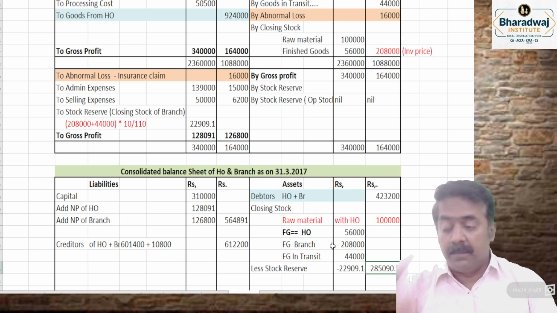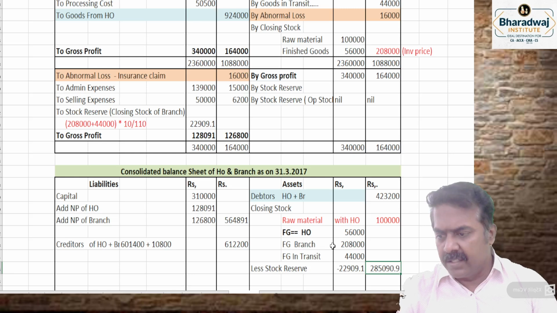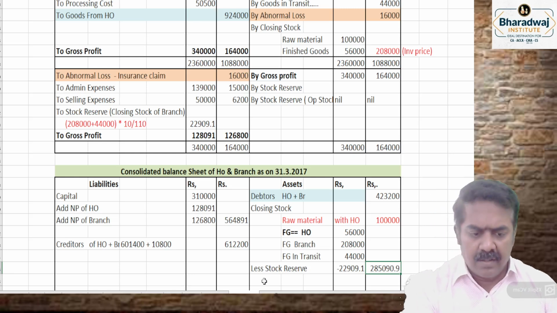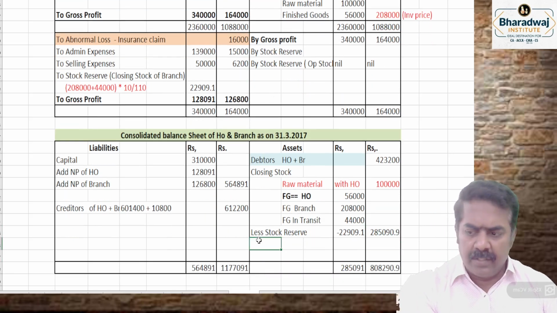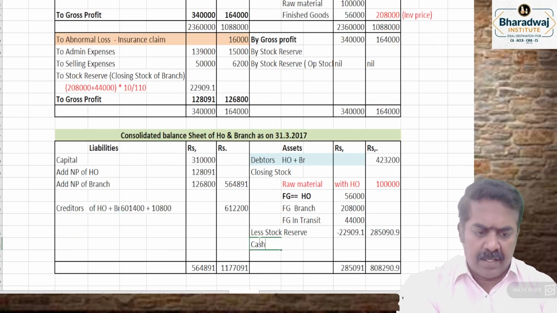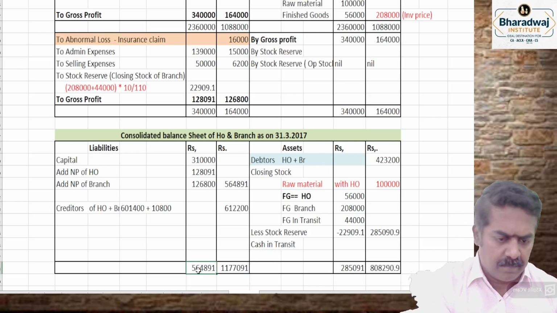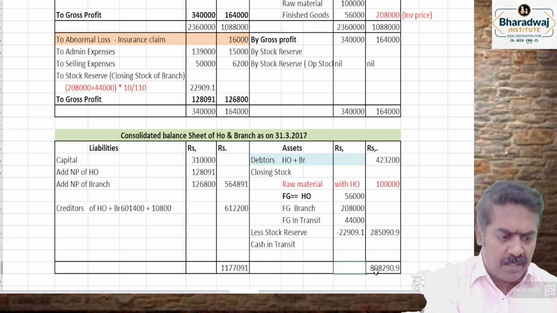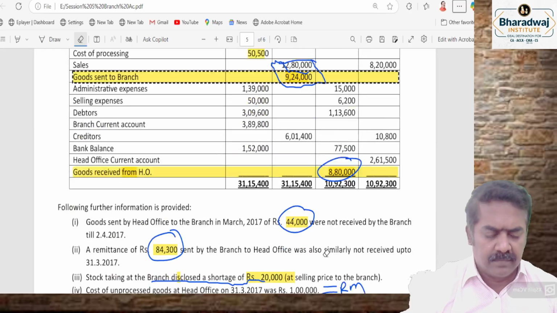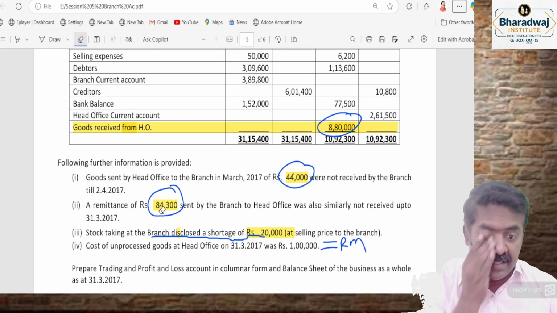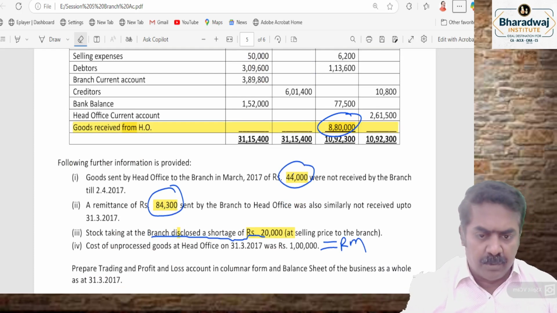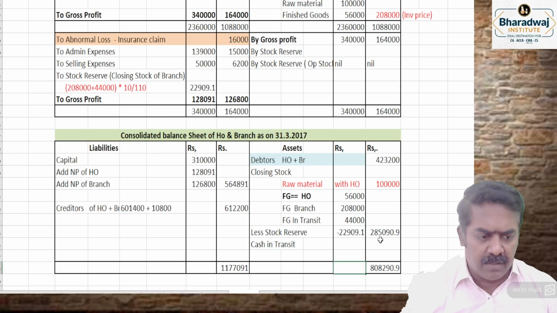Then what else will come? Whether any other asset is there? There is one more thing. Cash in transit part. What is cash in transit? Cash sent but not received. How much of cash remittance not received? 84,300.